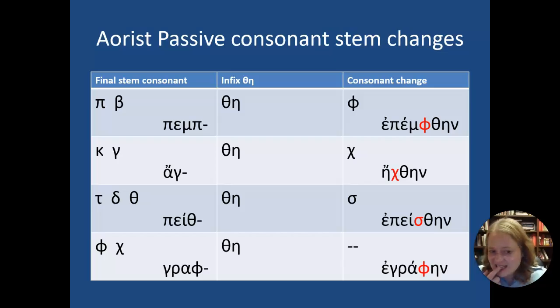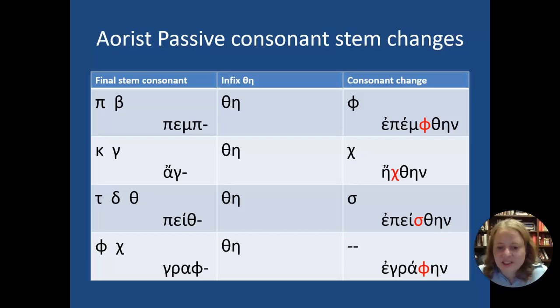A tau, a delta, or a theta, something that's a dental, when it comes into contact with a theta, is going to make an S sound because it just smooths it out. So instead of peitho, I persuade, epeisthen, I was being persuaded. And then a pi or kappa is going to now come in contact with that theta, and we're going to just smooth the whole thing out by making a phi sound.